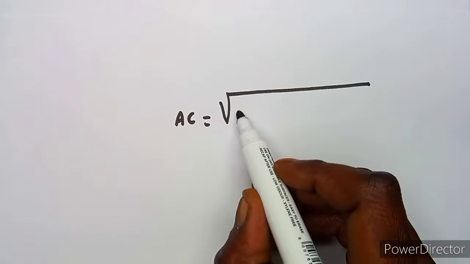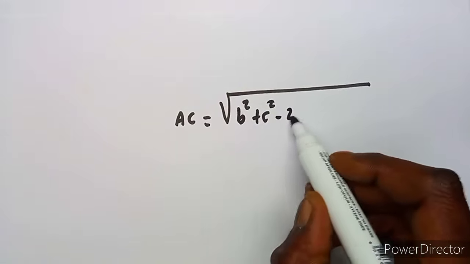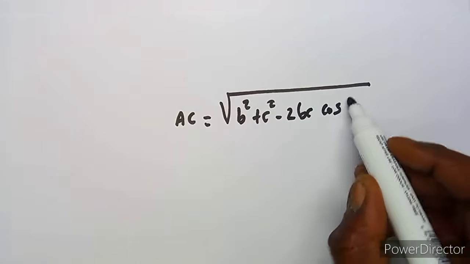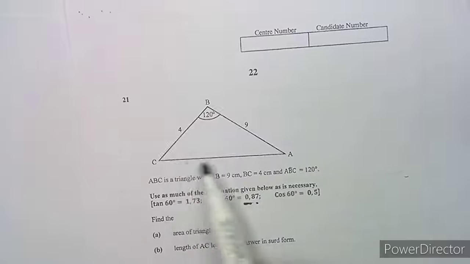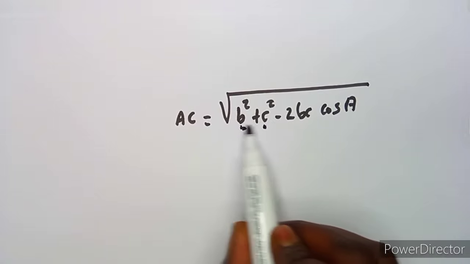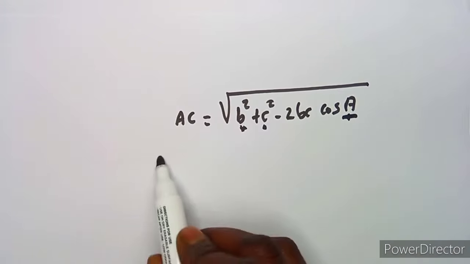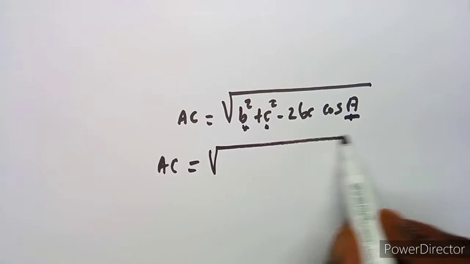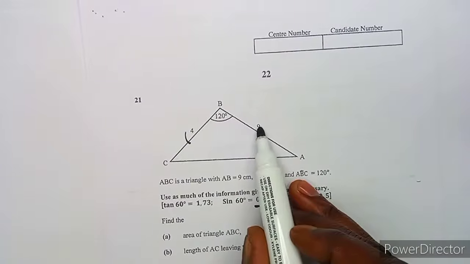So AC is equal to the square root of b squared plus c squared minus 2bc cos A. So this is just a formula, guys. It's not that you take this as my b, this as my c. No. Your b and your c, when you write it like this, are the sides which are creating the angle A. So in this case, b and c are 4 and 9.